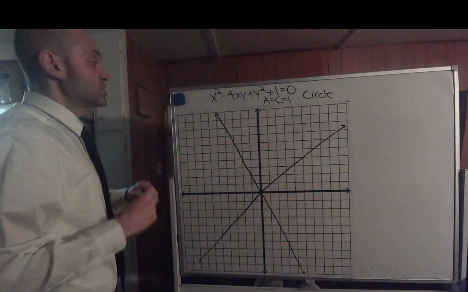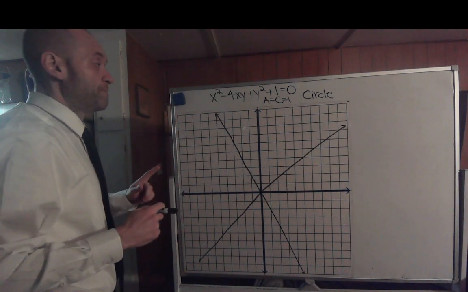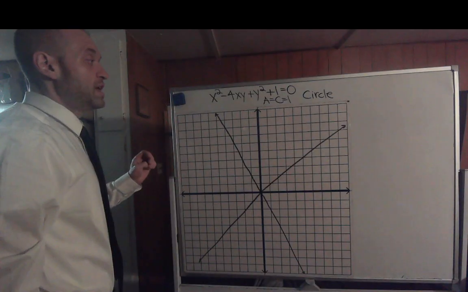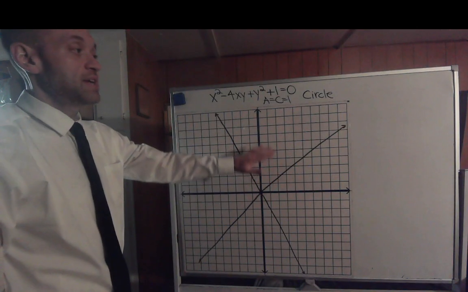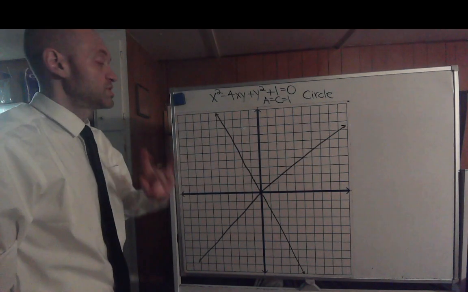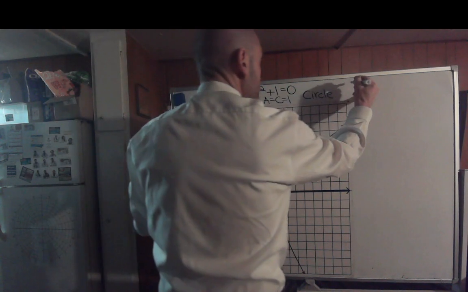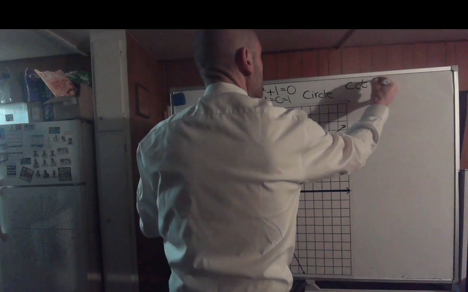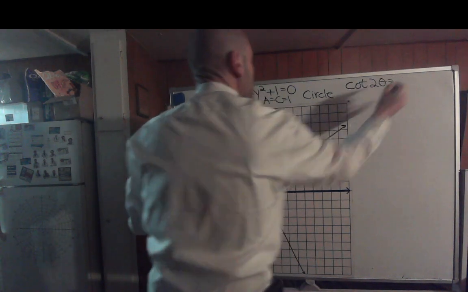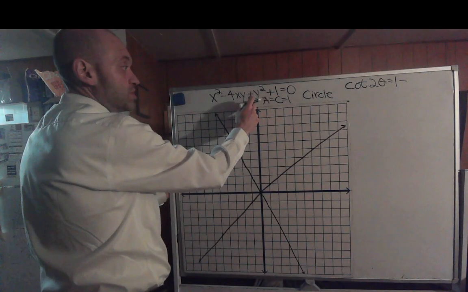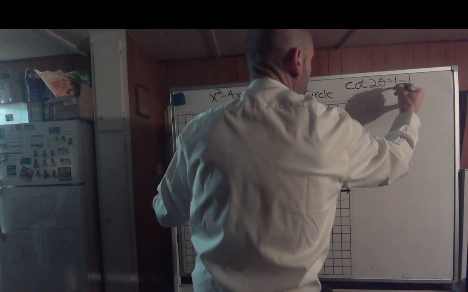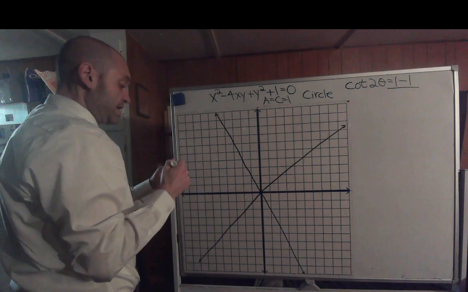Now, of course, what we need to do is we need to find the angle that the xy axis is rotated, giving us the x prime, y prime plane. So take your cotangent of 2 theta, set that equal to your A coefficient, which is 1, minus your C coefficient, which is the y squared, which is also 1, divided by your B coefficient, which is negative 4.